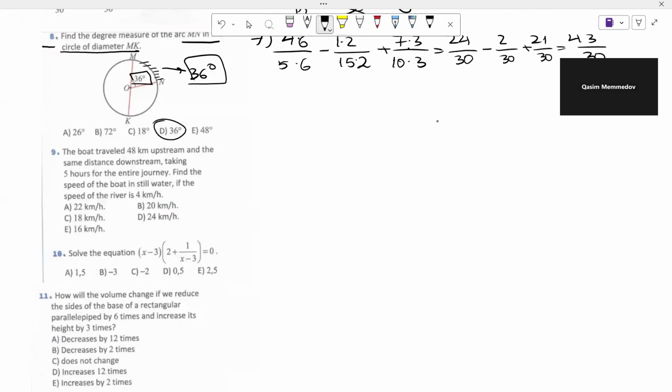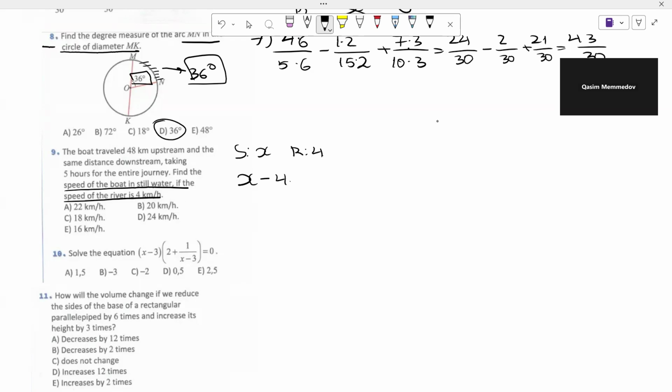It says that the boat traveled 48 kilometers upstream and the same distance downstream, taking 5 hours for the entire journey. Find the speed of the boat in still water if the speed of the river is 4 kilometers per hour. Okay, let's say the speed of the boat is x and the speed of the river is 4. If it goes upstream, the speed must be x minus 4.